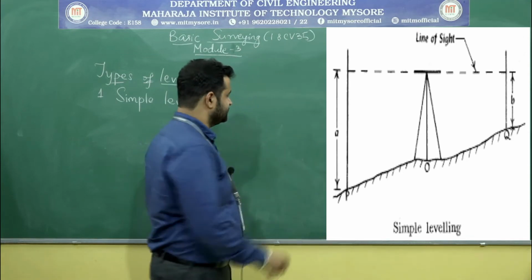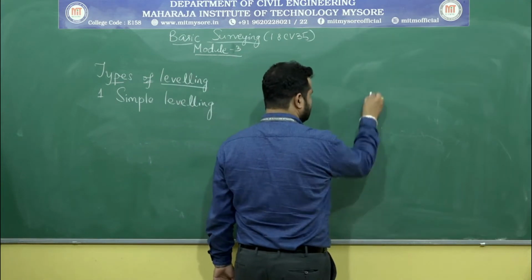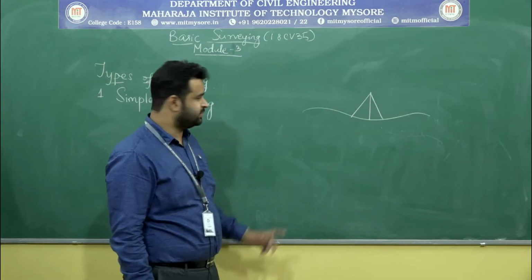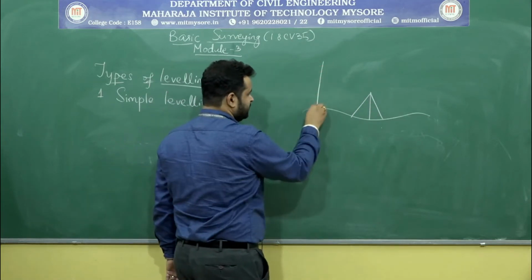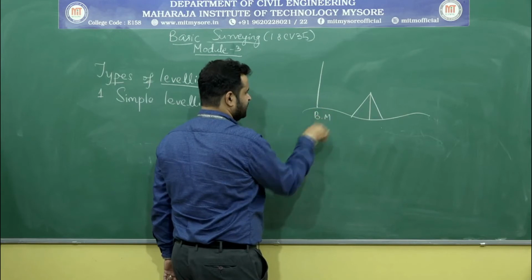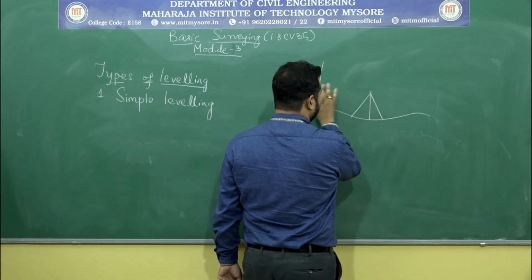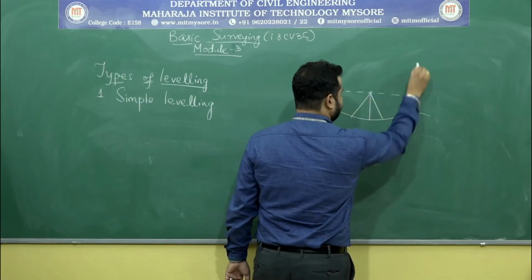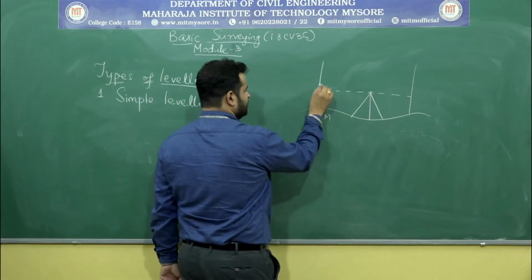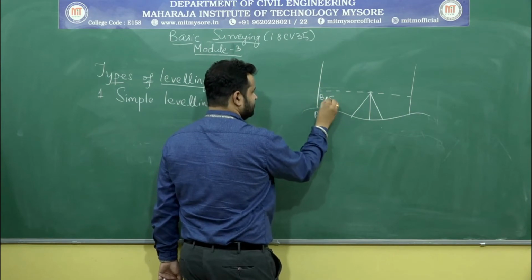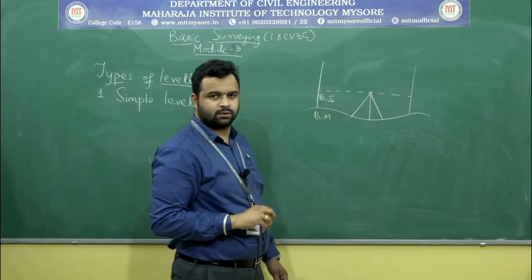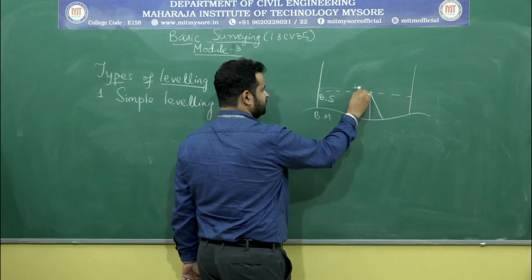Okay. That is, in simple leveling, you have to set an instrument at a point, take the staff reading at the benchmark and calculate the height of instrument by recording its backsight. Then the height of instrument is known.